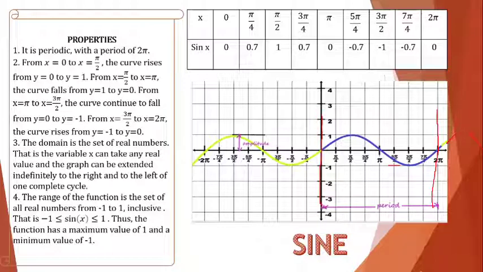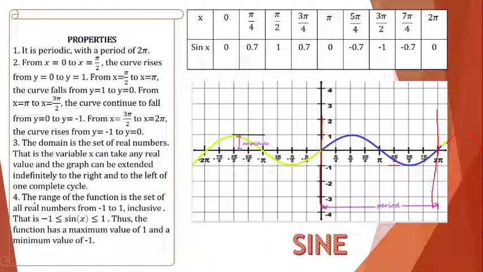Pwede yon. The domain of the real numbers can be extended indefinitely to the right and to the left of one complete cycle. Kasasabi ko lang nun.